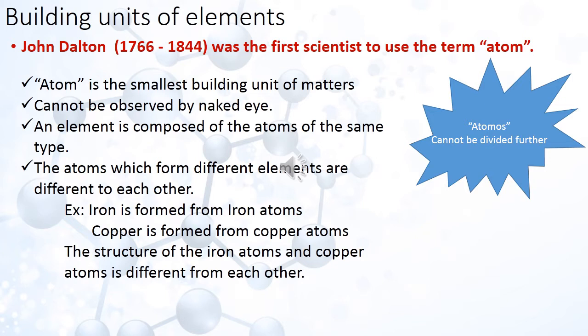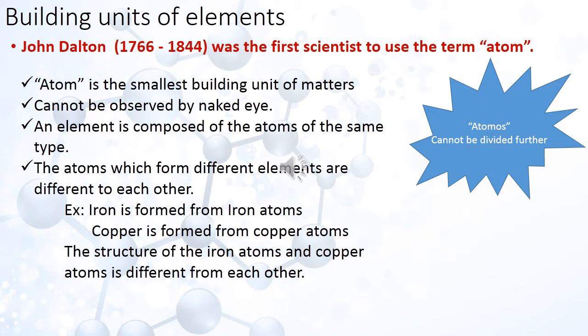The word atom was used for the first time by the scientist John Dalton. And the word atom is derived from the Greek word atomos. The meaning of atomos is cannot be divided further.